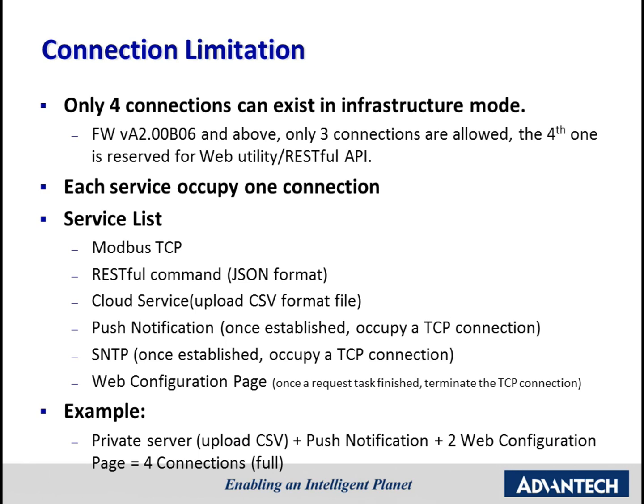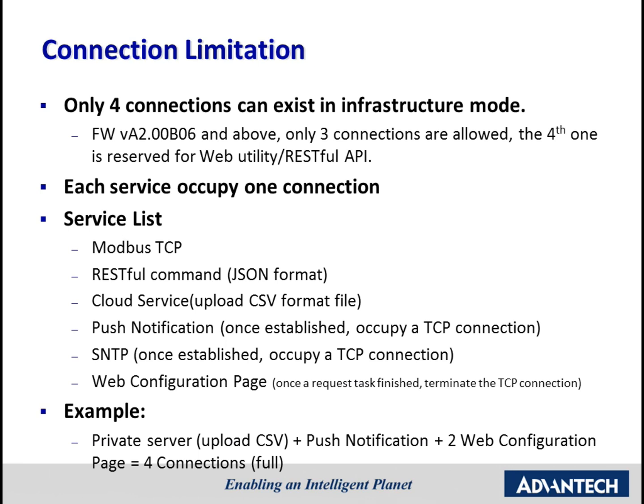For example, the third-party software ModScan will occupy the TCP connection once the connection is established. The other one is the Advantech Modbus sample code. It will release the TCP connection once the data is retrieved. At the bottom of this slide is an example to teach you how to calculate the connections.